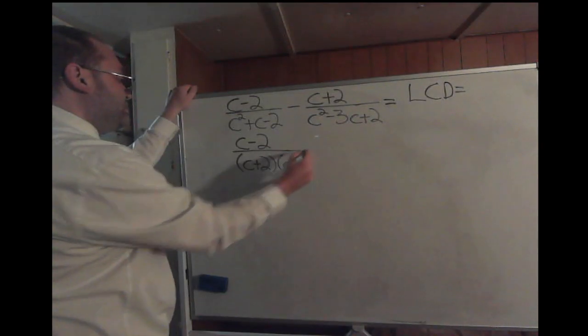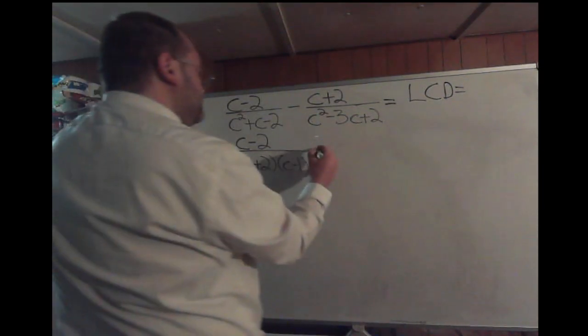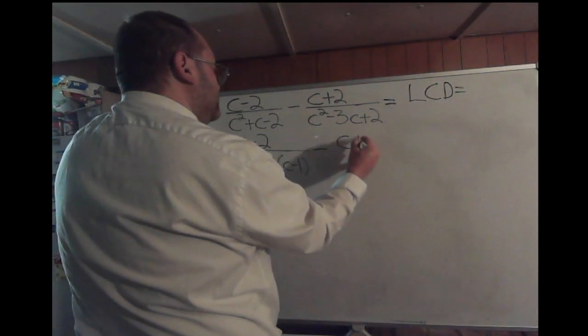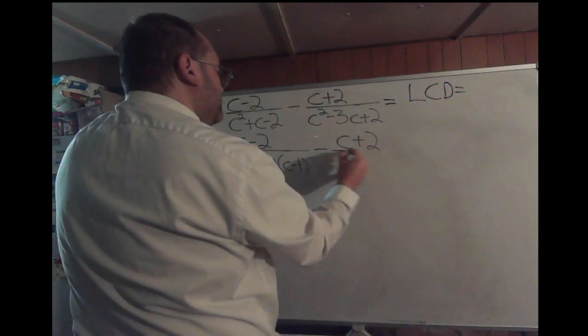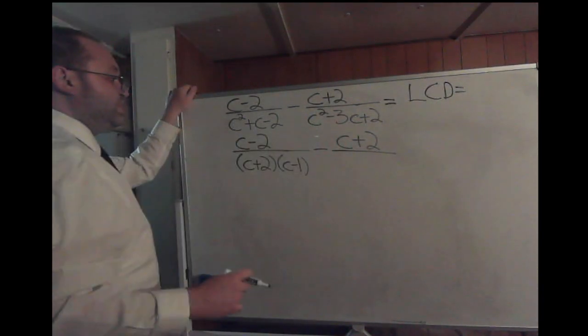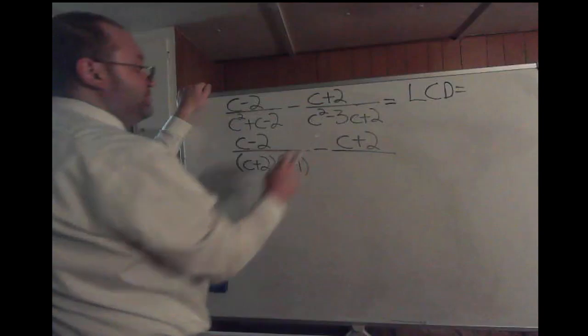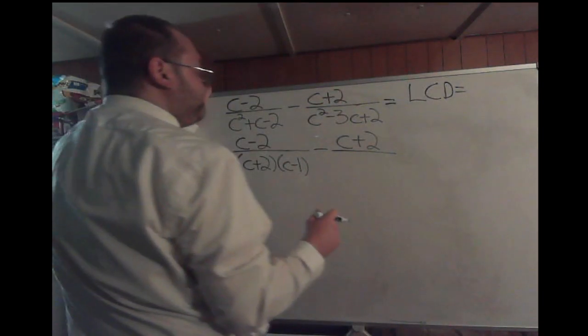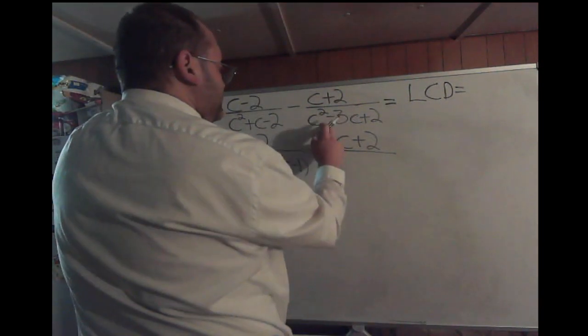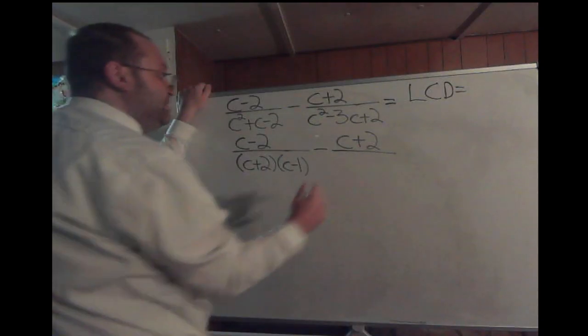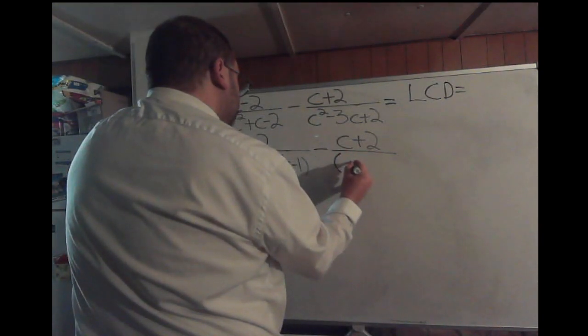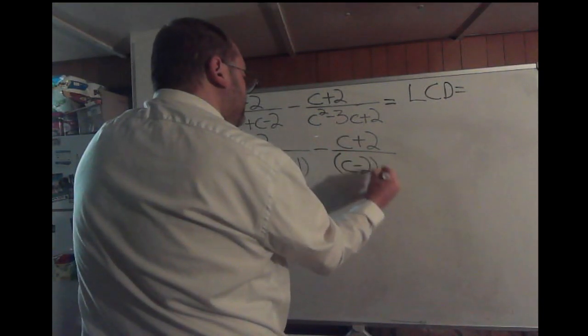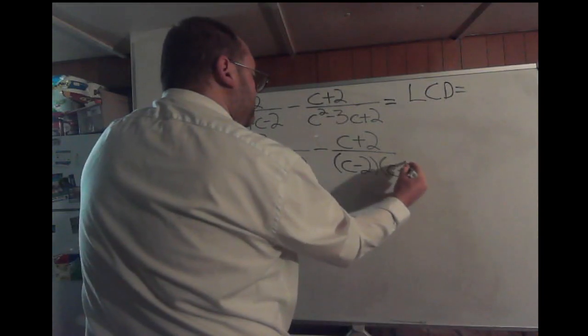That would be your factorization of that. Minus, you have your c plus 2 all over your factorization of c squared minus 3c plus 2, which is c minus 2 times c minus 1.